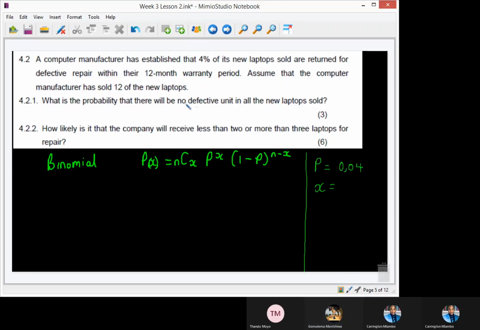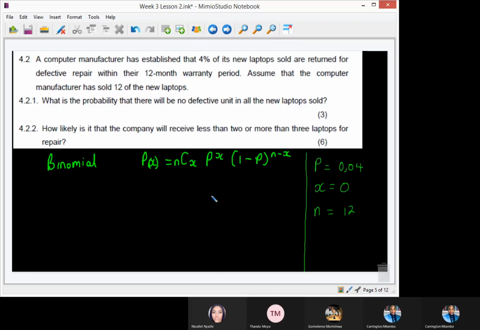And what is our x? What is the probability that there will be no defective? Your x is 0, isn't it? And what is your n? How many units do we have here? We have 12, isn't it? Okay. So now, since we have 12, what's the next thing that we have to do?